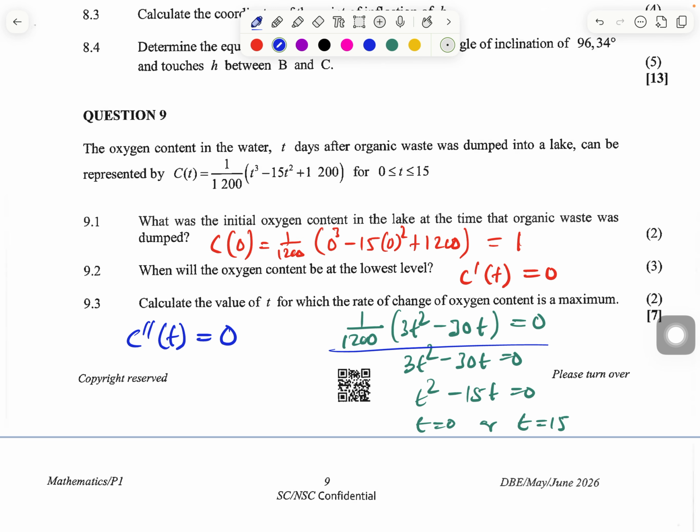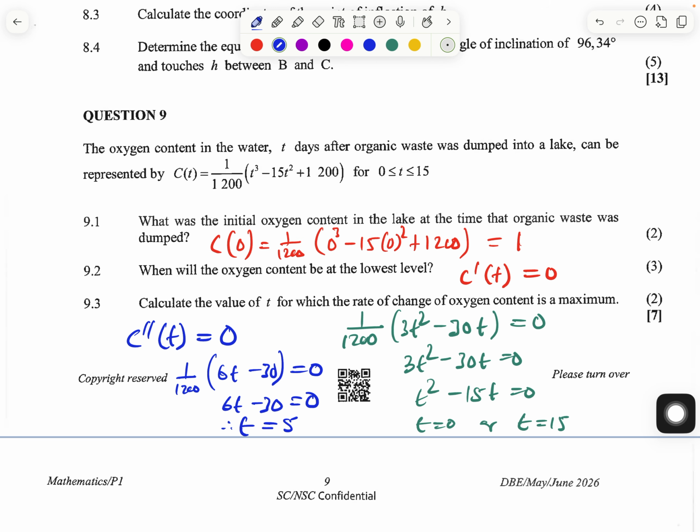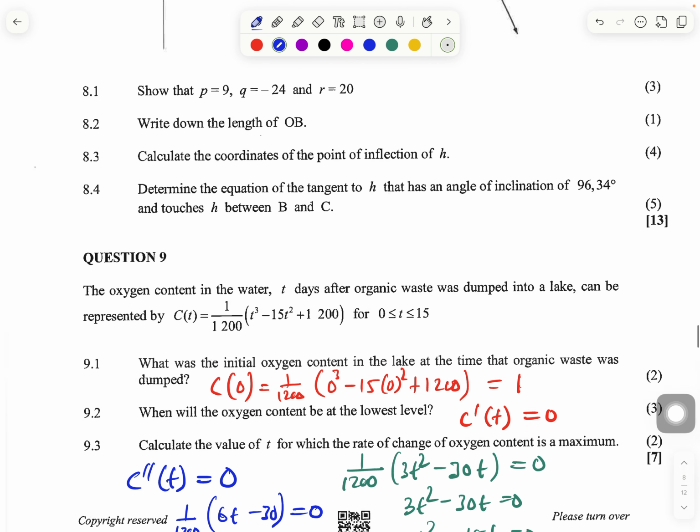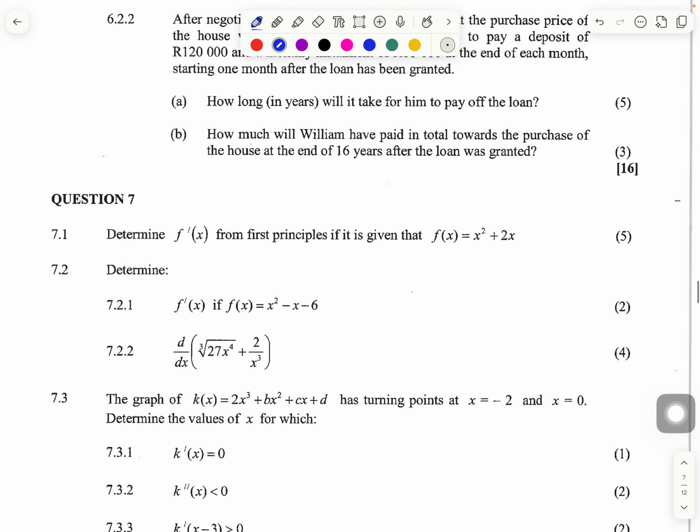So you derive this one now, and then you get 1 over 1200 into 6t minus 30 is equal to 0. You solve for t. So this becomes 6t minus 30 is equal to 0. Therefore t is 5. That's how you will do this, 7 marks for those who are upgrading this year. Very straightforward question, and they always ask it.